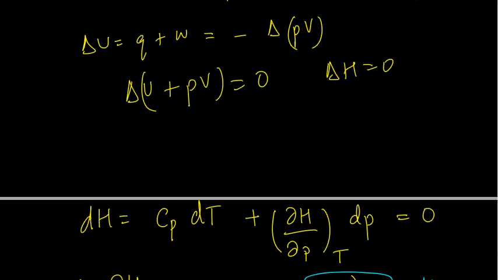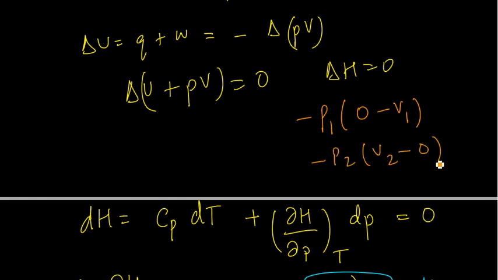So let's write here again, let's write the way we are doing it. So minus P1 into 0 minus V1. This is the work done on the left hand side, and the work done on the right hand side would be minus P2 into V2 minus 0. That's all.